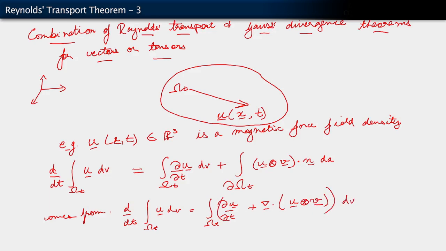This is a result we derived earlier in the segment. So this is what we get from Reynolds transport theorem. Gauss divergence theorem takes us from here to here. So it's essentially the divergence of this tensor quantity.